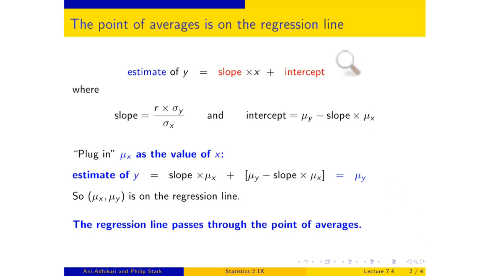And all those among you who tuned out over this algebraic portion should tune back in to this English language sentence that says, your line of estimates will go through the point of averages. In other words, if I tell you that the person's weight was at the average, then your regression estimate of height is also going to be the average of the heights.